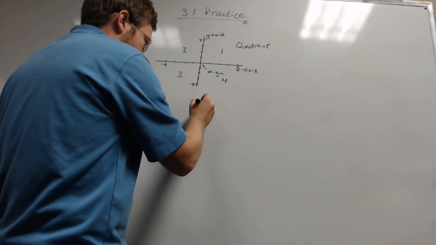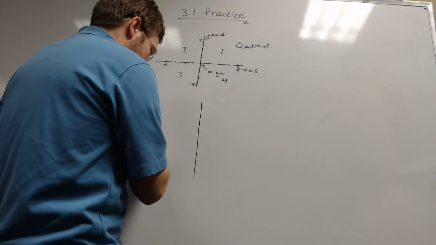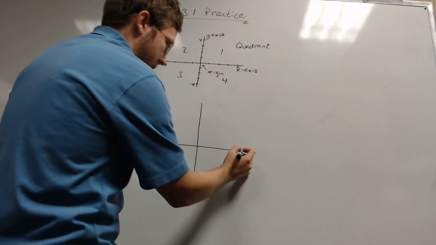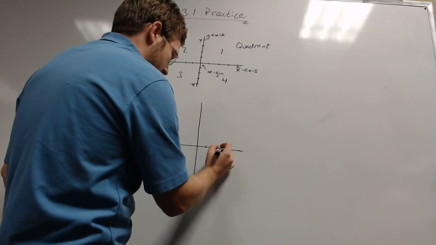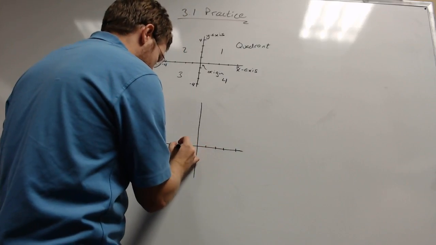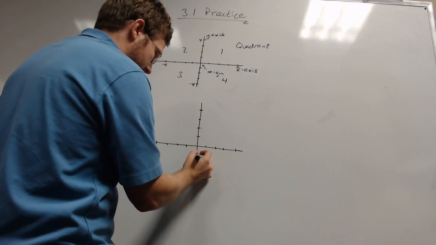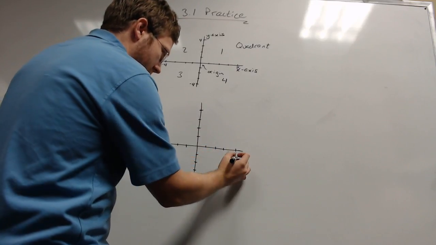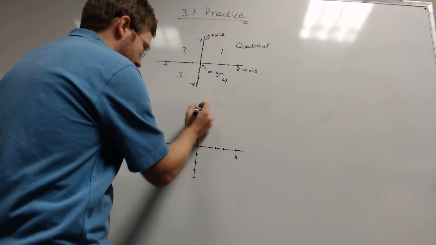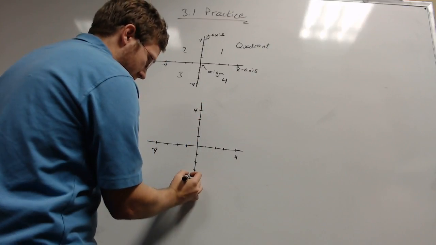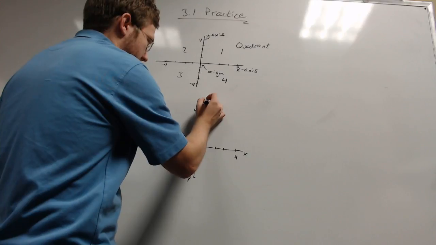All right, but for our purposes here, we're going to want to be able to do 3 separate things. Let's make a quick graph. There's our x-axis and our y-axis.